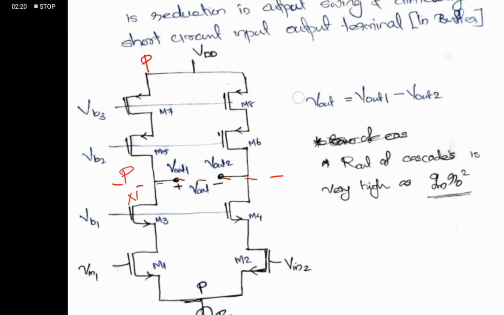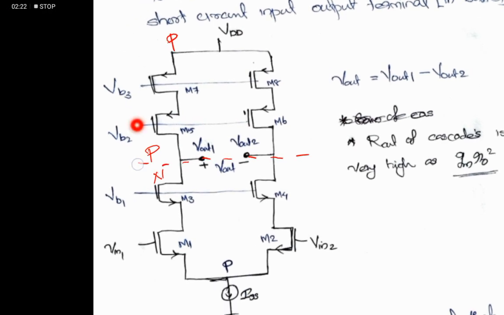The second thing to note is that the number of elements in the upper half must equal the lower half, to equalize the resistance in both halves. Otherwise we will not get a proper output impedance for this circuit.